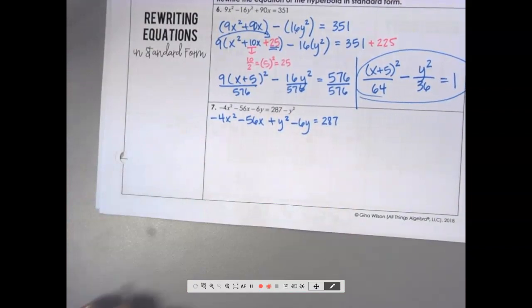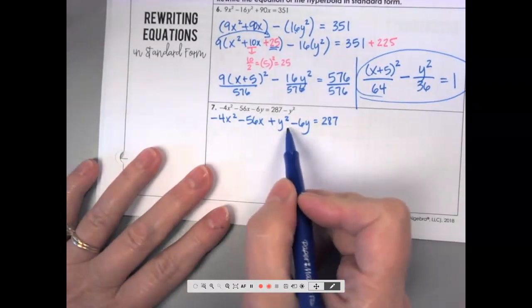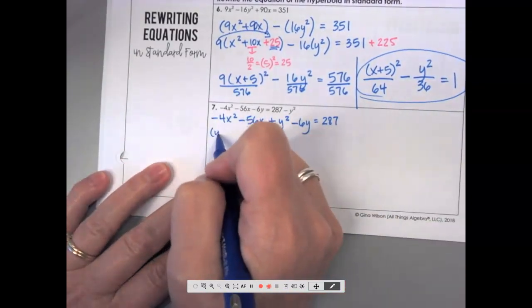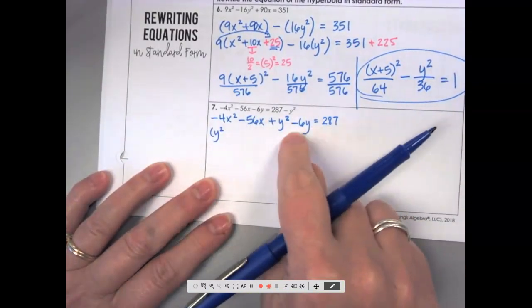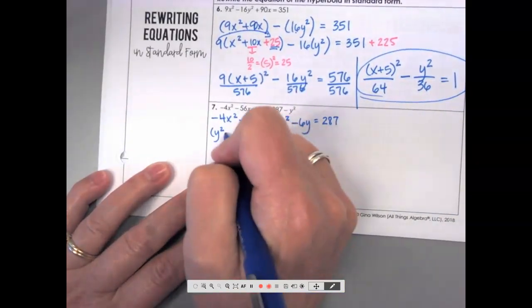What's our positive term, x or y? The y's. So next I'm going to rearrange them. I'm going to group x's and group y's, but I'm going to put the y's in front because they're the positive ones.